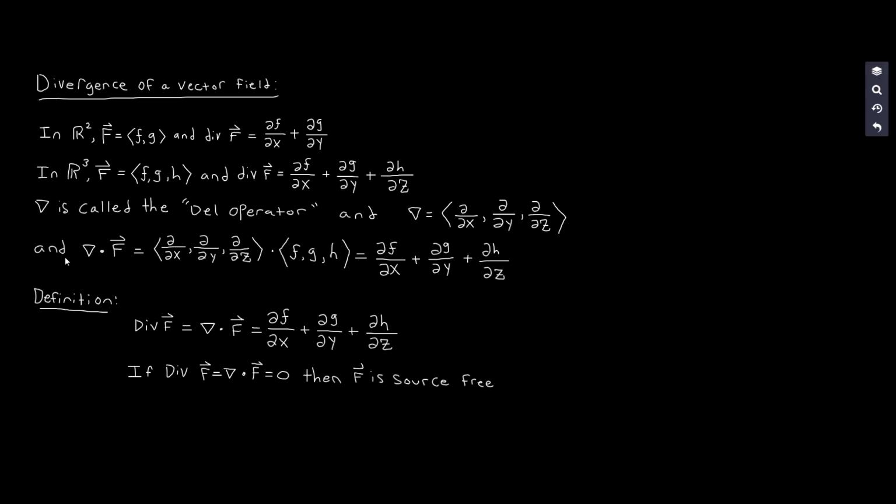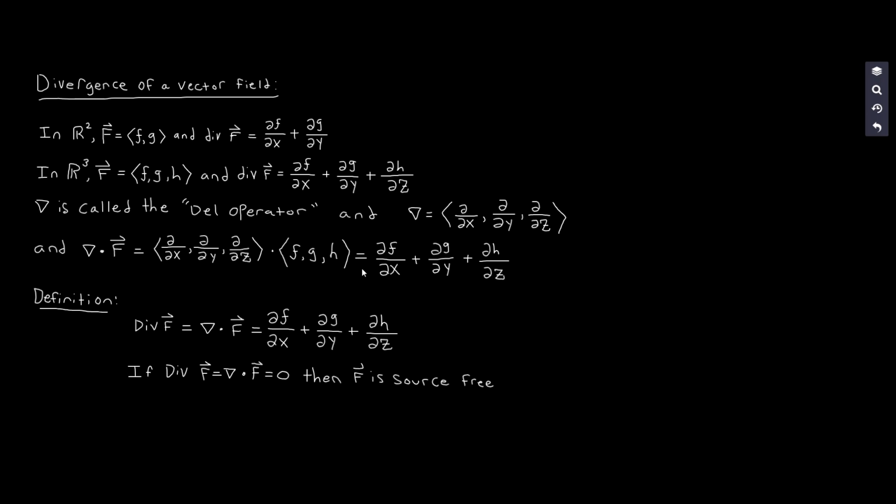And if we take the del operator and dot it with vector f, then we get the partial derivative with respect to x, the partial derivative with respect to y, the partial derivative with respect to z dot f, g, and h respectively, which you add together via the dot product, and it becomes the partial derivative of f with respect to x, the partial derivative of g with respect to y, and the partial derivative of h with respect to z.